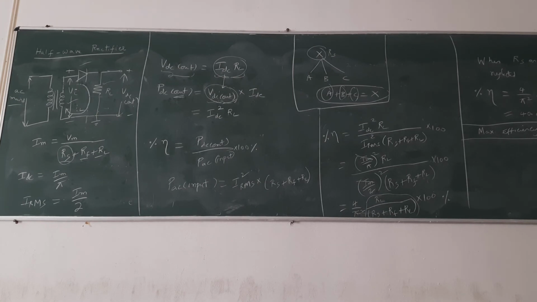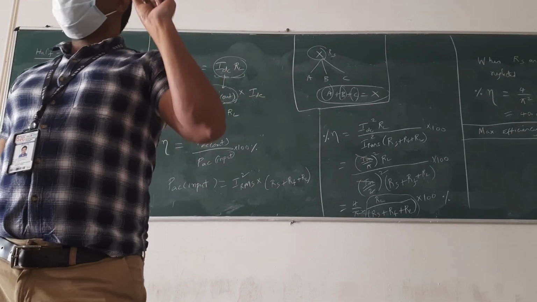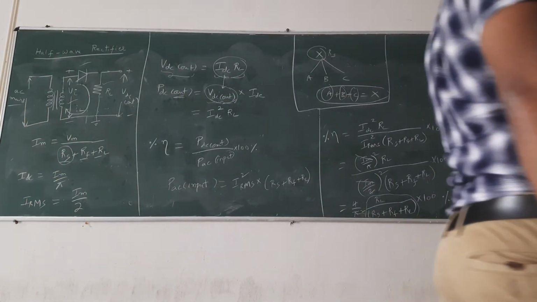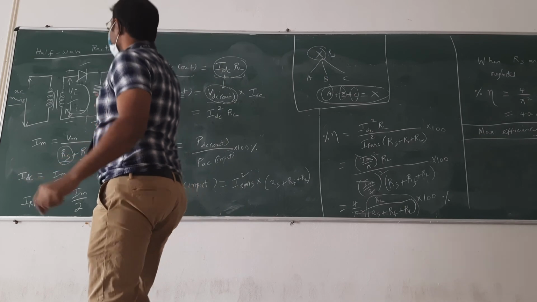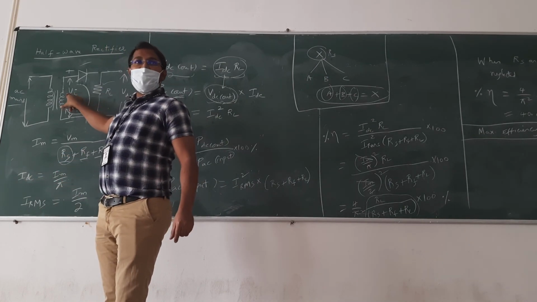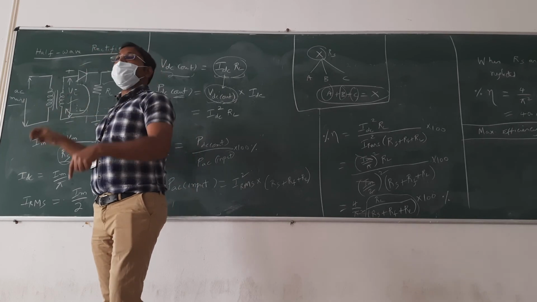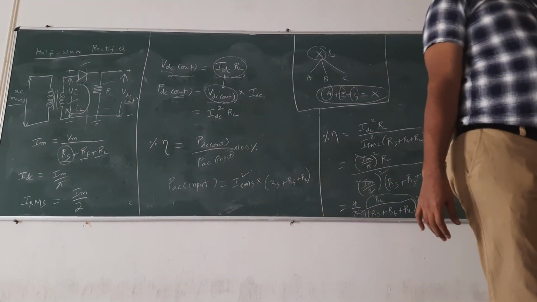Is it RMS value or peak value? RMS value. Whenever AC voltage is mentioned, it is RMS value. So read RMS: the RMS voltage at the input is given as 240 volts.